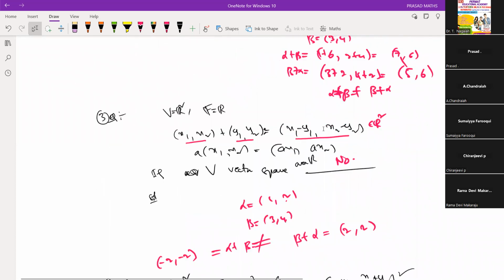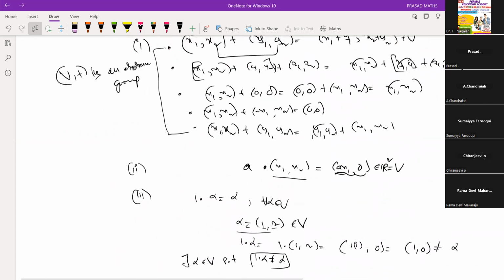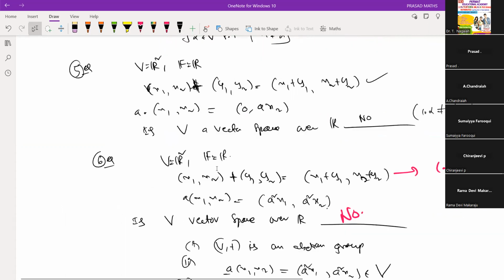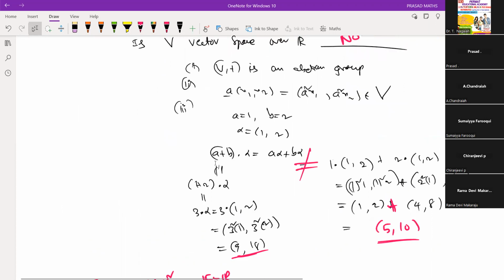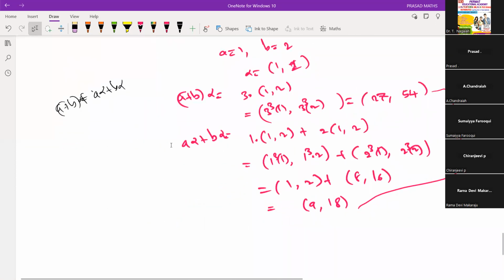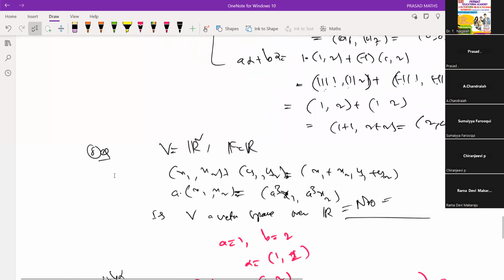You may guess, right? When I define vector addition component wise, okay, but define scalar multiplication in a different manner, it is not a vector space. So in all of the examples you observe that when I define vector addition and scalar multiplication in a manner other than component wise, it is not a vector space. Therefore, no.